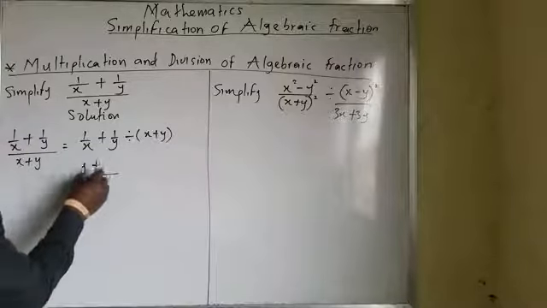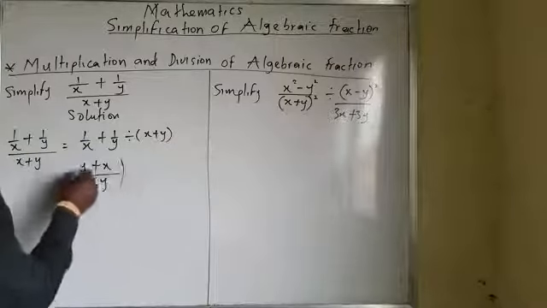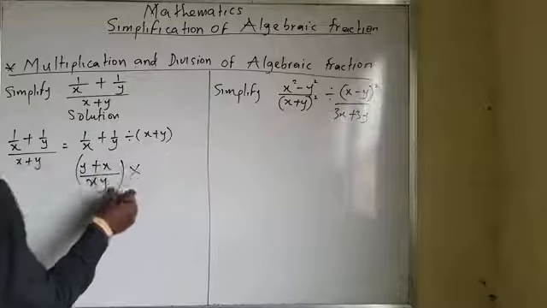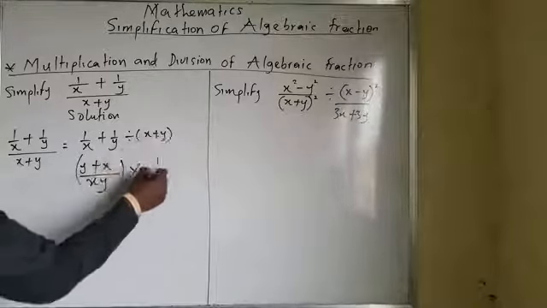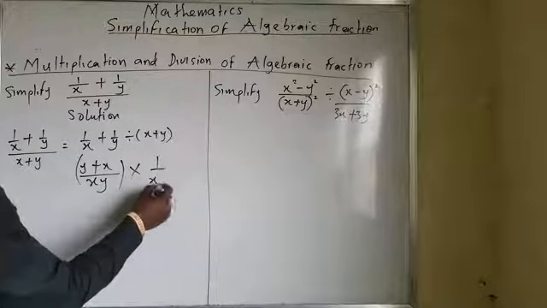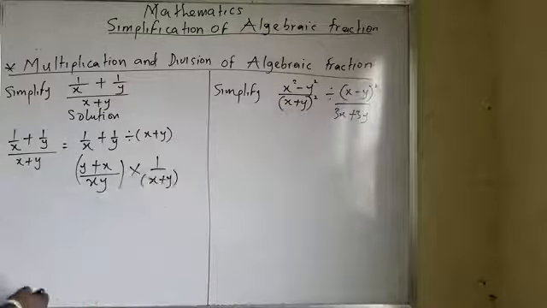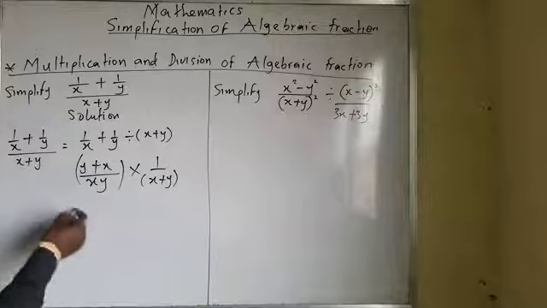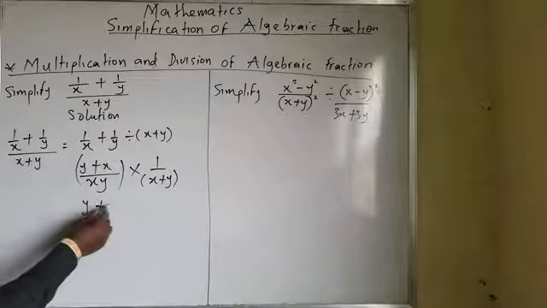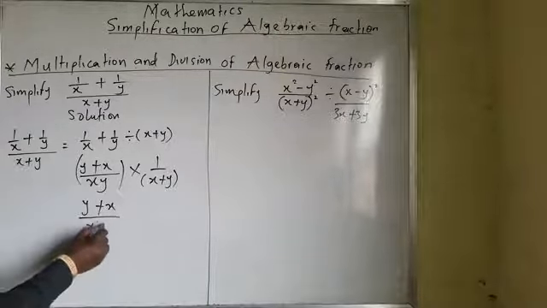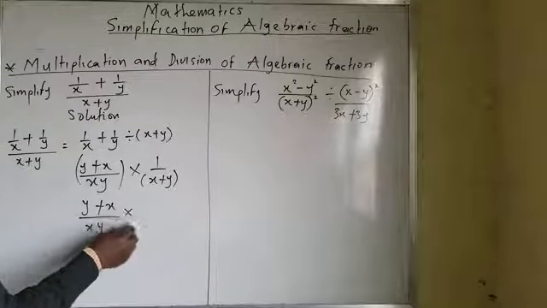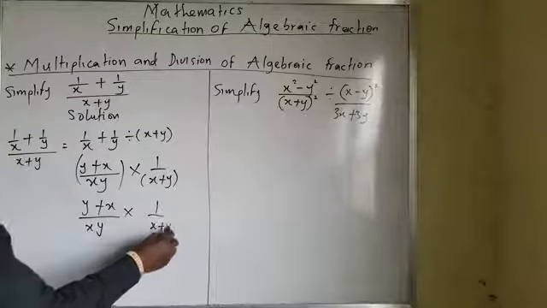It means y plus x multiplied by, when I multiply, it will be what? 1 all over x plus y, which I can put in bracket for us to get it right. Now, I can now say that y plus x divided by xy multiplied by 1 all over x plus y.